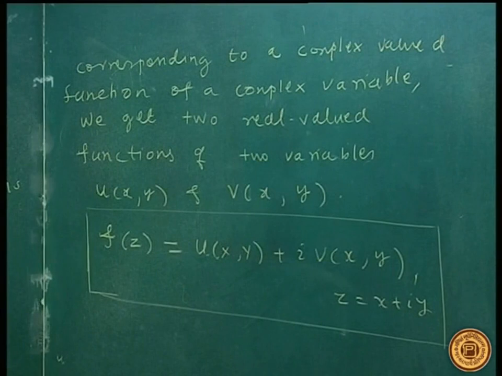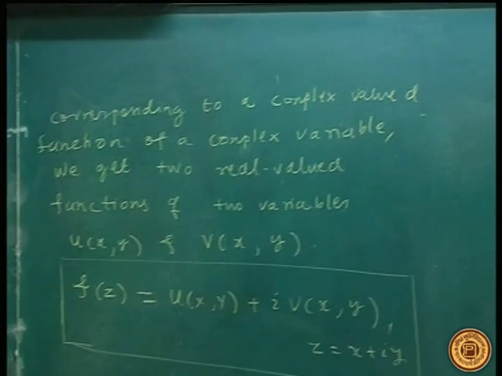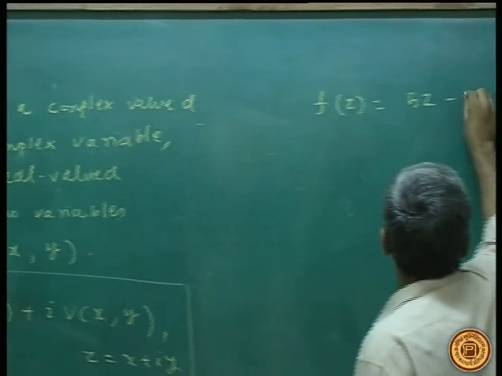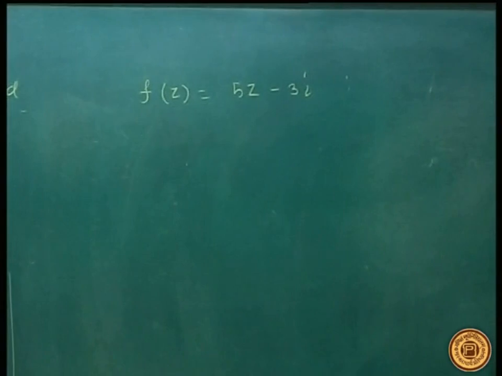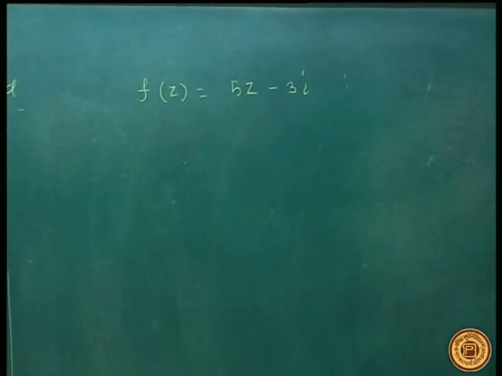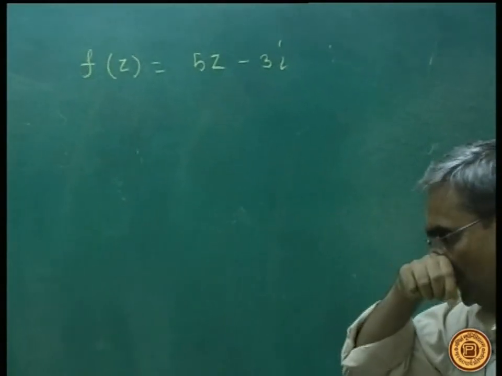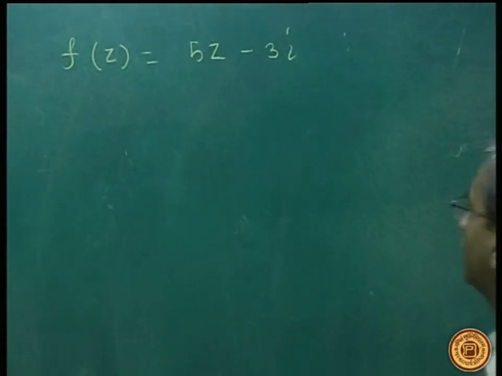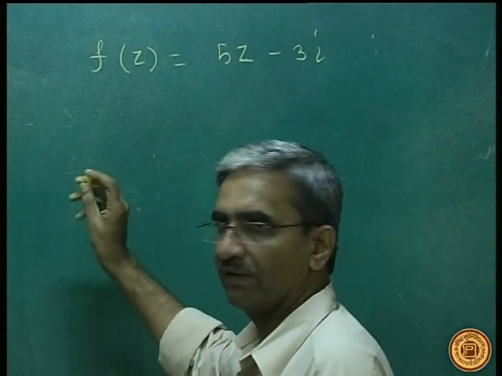So let us consider f(z) equal to 5z minus 3i. It's a polynomial function, a polynomial of degree 1. Now let us compute its real and imaginary part. So for that you put z equal to x plus iy.